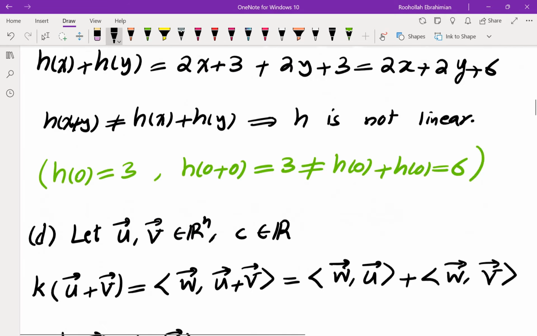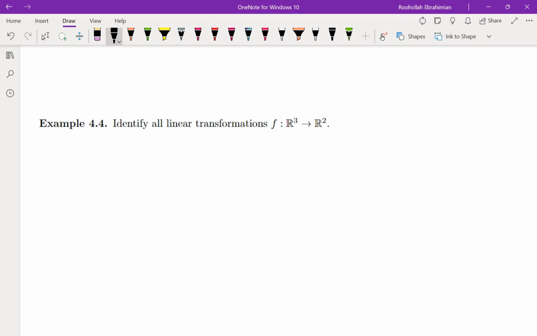What we want to do in the next example is to find all linear transformations from R3 to R2. Here is how we're going to do that. We're going to do something similar to what we did above.